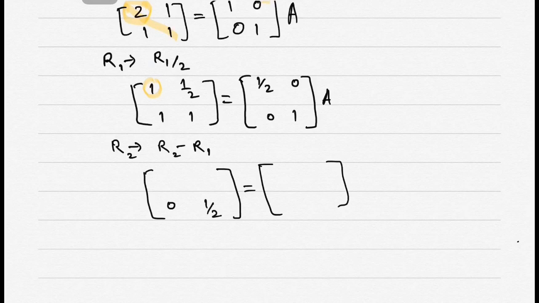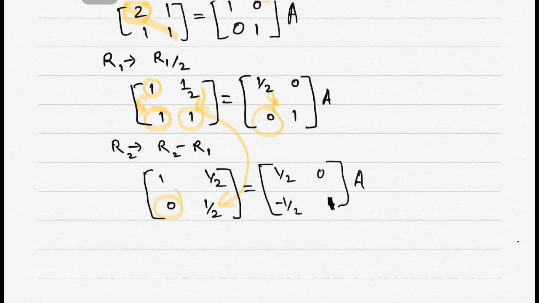Same way on the other side, 0 minus 1 by 2 is minus 1 by 2, 1 minus 0 is 1. And we have not done any change in the first row, so the first row will be copied as it is, [1 1/2; 1/2 0] into A. What we have done is we have changed R2 to R2 minus R1. This 1 minus 1 by 2 is 1 by 2. Same way on the other side, 0 minus 1 by 2 is minus 1 by 2, and 1 minus 0 is equal to 1.